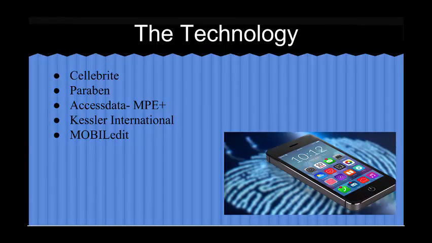So some of the technology used, and I have 4 listed here, and one is a service provider. So the first software company is Cellebrite, then we have Parabon, Access Data, and Mobile Edit. Kessler International is the service provider. Now what's important for technology in this field is that it needs to be diverse.